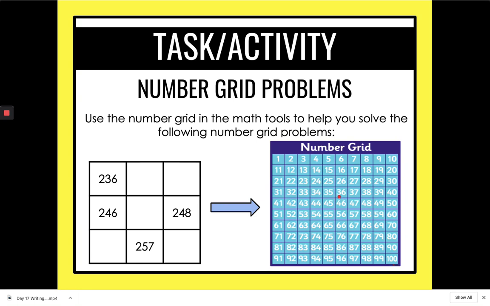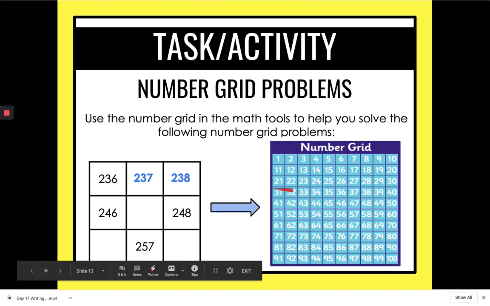So 36, what comes after 36? Well, we add 1 and we go to 37. So if we're at 236 and we add 1, we're going to be at 237. And then we add another 1, and we're at 238. And then I have to think about what happens when we go below.